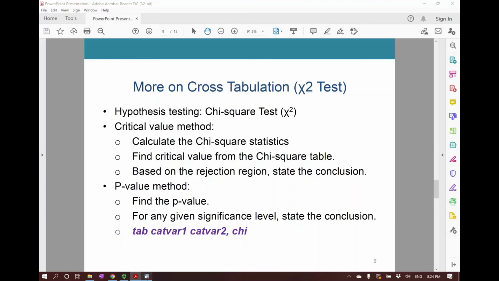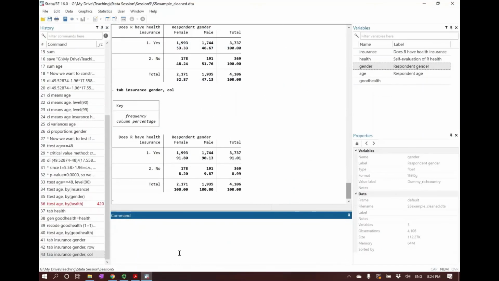CHI. So for example, right now I want to look at whether there's a gender difference in terms of purchasing insurance. So probably I'd like to do gender on the vertical and then insurance on the row.